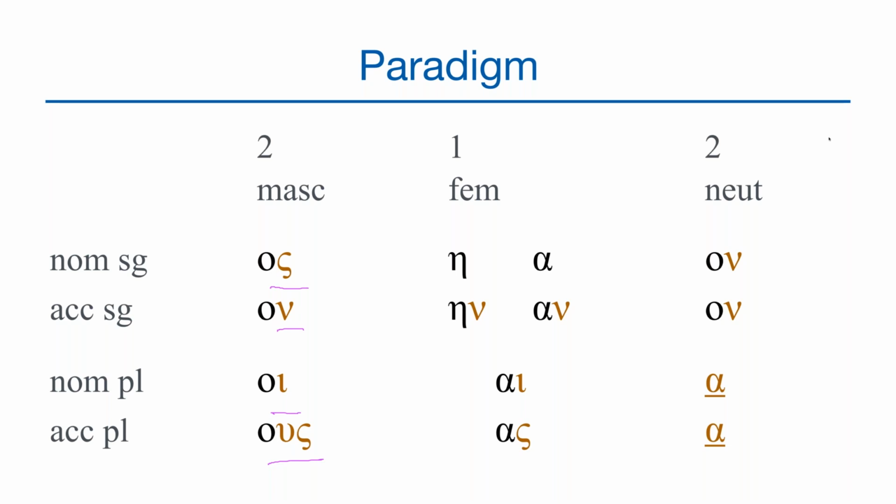If you want to memorize it with the endings, because sometimes it's easier, os, on, oi, us. There's some that go in between, but for right now, we just need to memorize those 4 for second declension, masculine. Second declension, masculine. Os, on, oi, us.